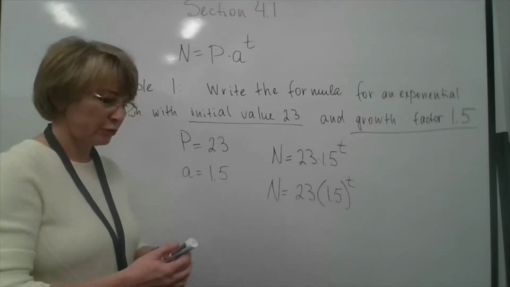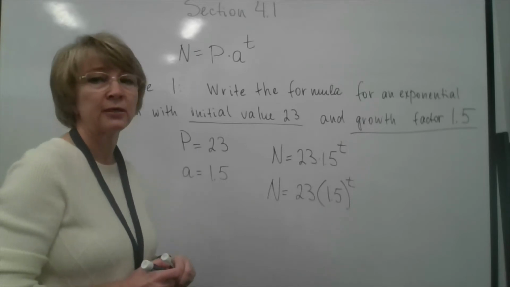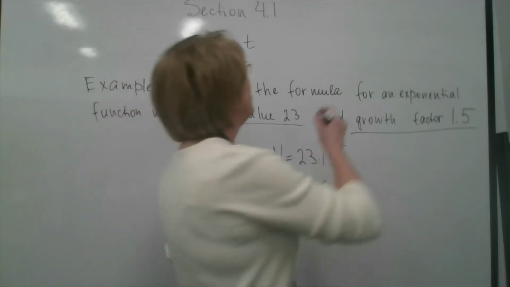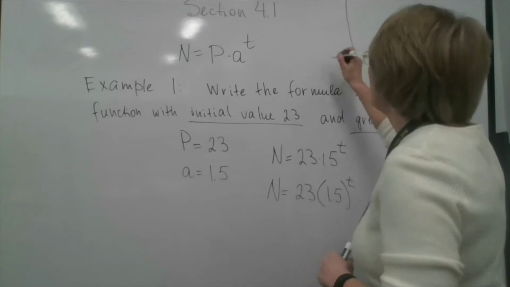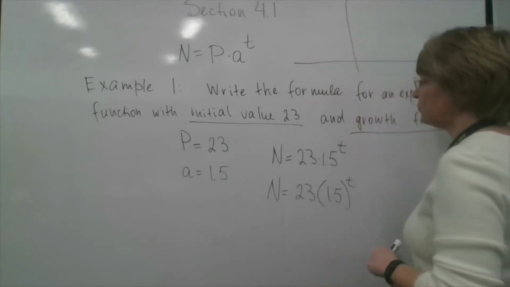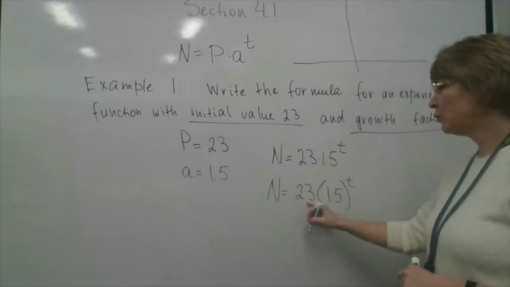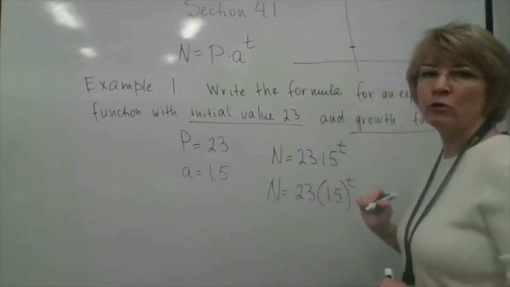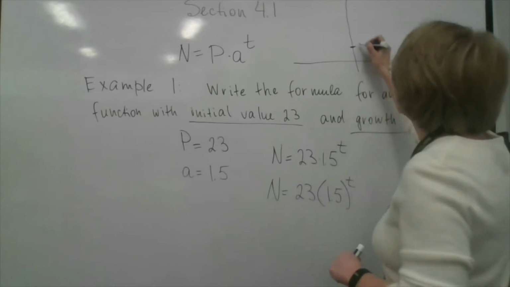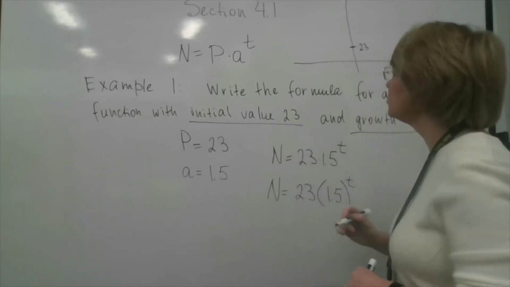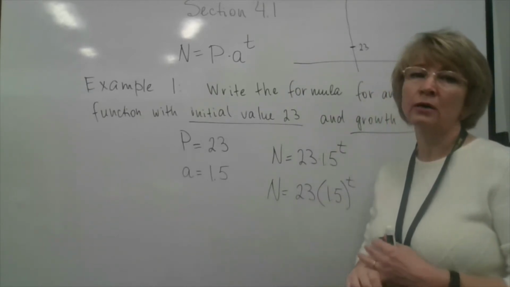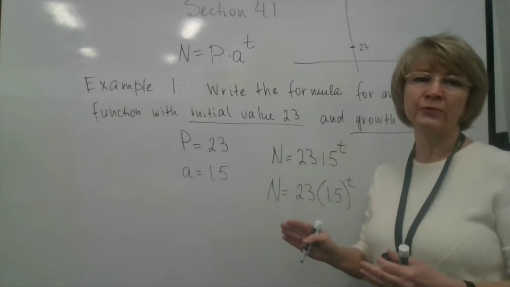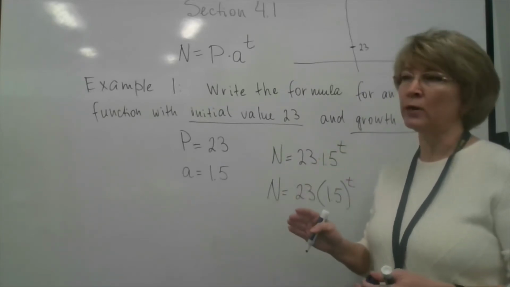Then you will have to choose the correct graph. We learned how to graph, so hopefully this part won't be too hard for you. You know that the initial value will be 23, and the initial value is your y-intercept. So the first thing when you look at your graphs, you will have 4 graphs, and you have to choose the right one.